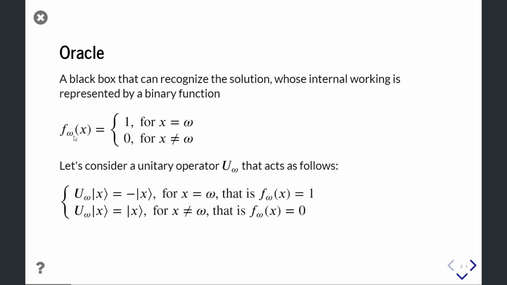On average, you will try N over 2 times before finding the right solution. So the order of magnitude of finding a solution in this black box is N.